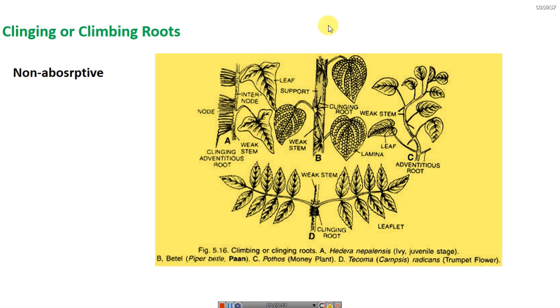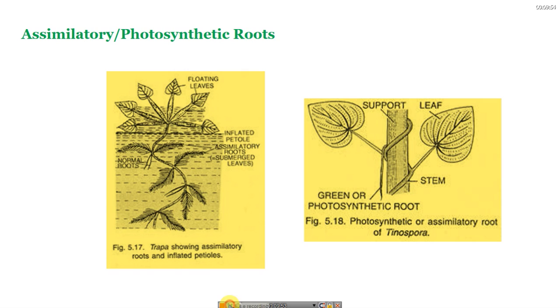You see these clinging roots arise from the parts other than the radicle, and they provide the support to the climbing or clinging part of the plant. They are assimilatory or photosynthetic roots also. These roots are assimilatory or photosynthetic because of the presence of chlorophyll in them.